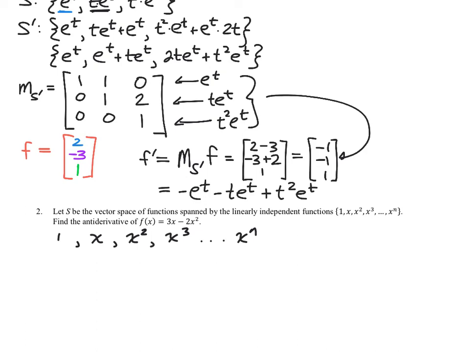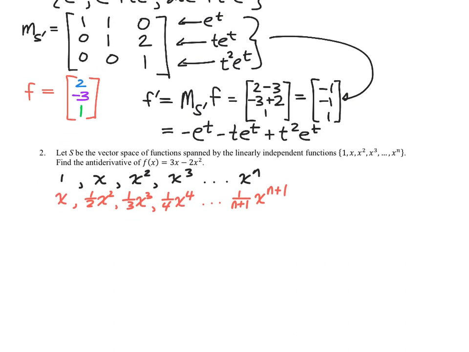What we do is take the antiderivative of each component, and then we define a set of basis vectors based off of that antiderivative relationship.